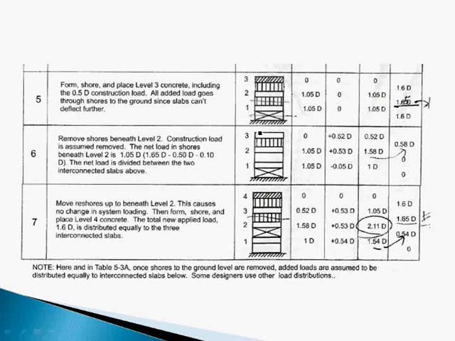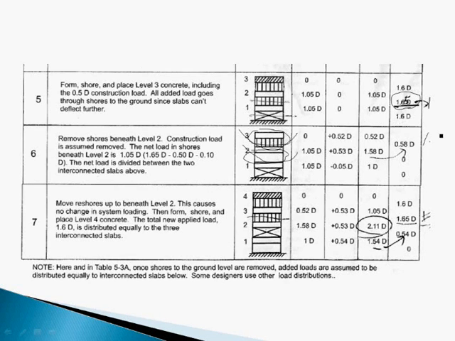Now we allow slab 3 to cure. So we remove 0.5D live load, and we also take shoring out of the second floor, so we also remove 0.1D. Now, the load on the second floor shoring previously, which is 1.65D, is now going to be distributed evenly among slab 2 and slab 3.